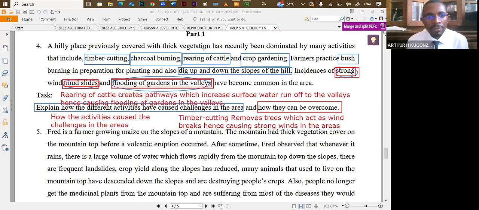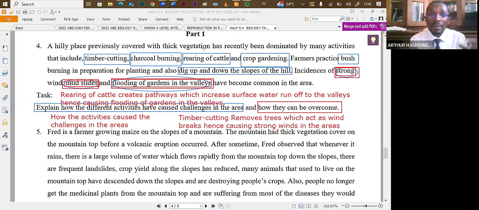Someone is trying to explain that digging up and down the slopes exposes the soil to fast running water, hence flooding down the slopes. Now, is it true? Yes, it does, because when you dig, you're removing the natural plant cover.